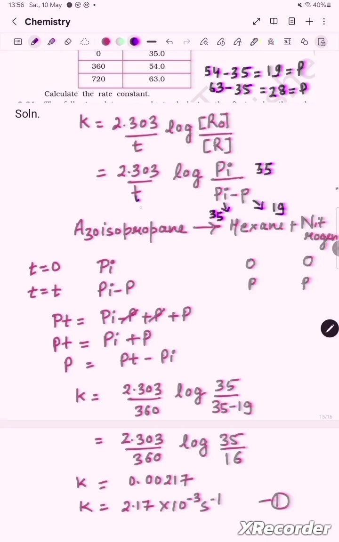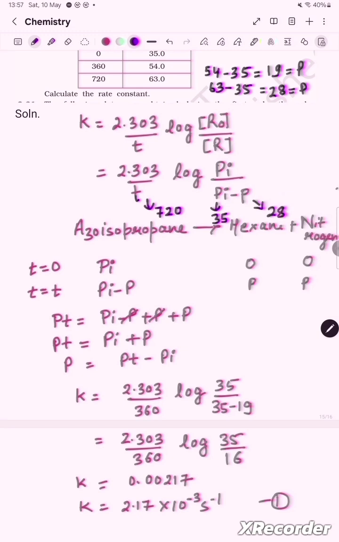At time 720 seconds, Pi is 35 and P value is 28.